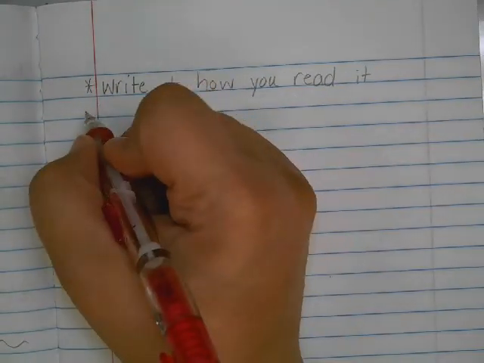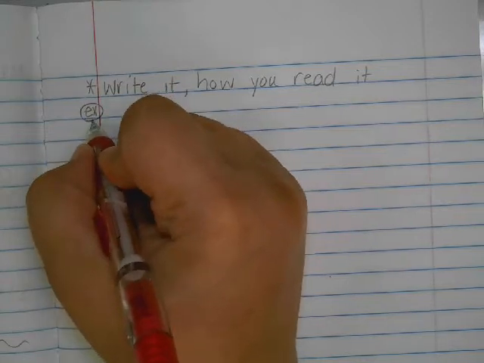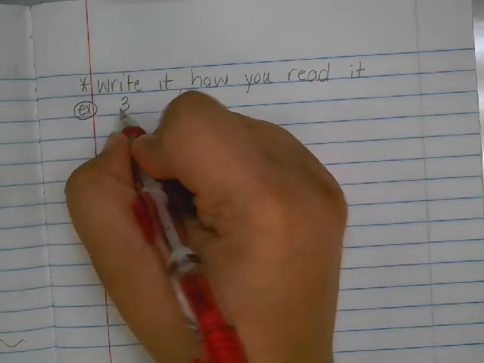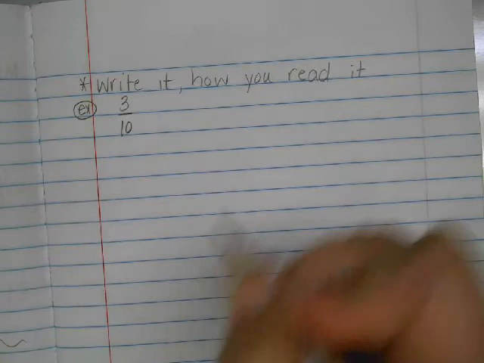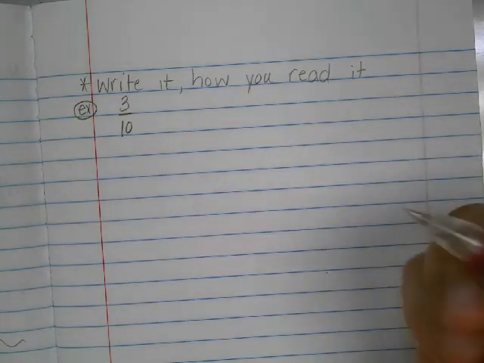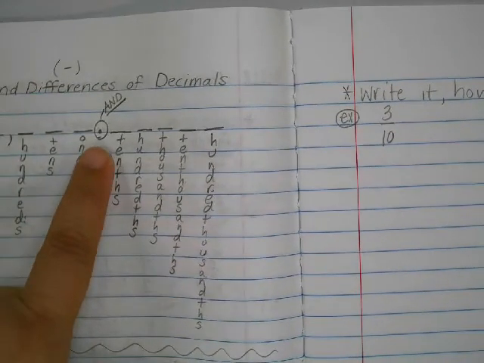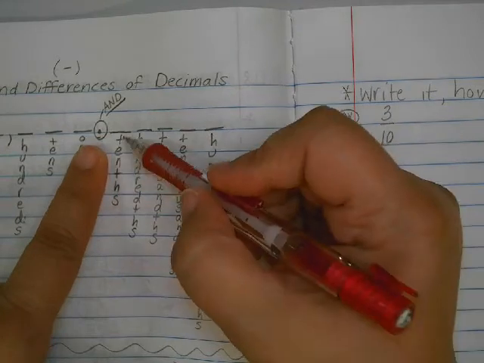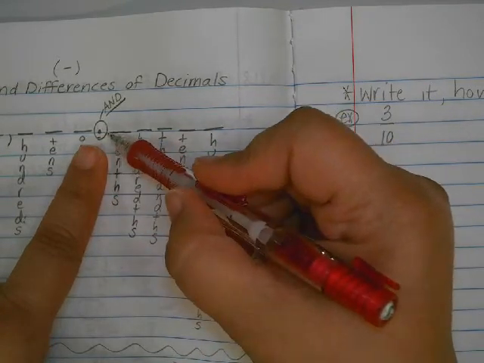So, for example, if the fraction they give you is 3/10, then I simply write that the way that I read it, and I can go back to my chart here, and I know that tenths is the first place after the decimal.